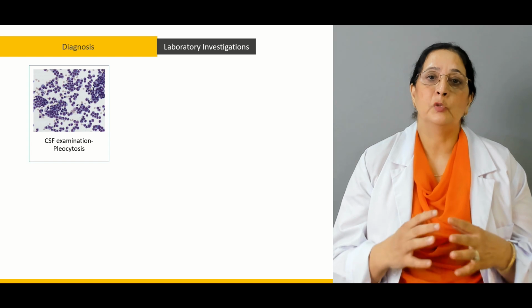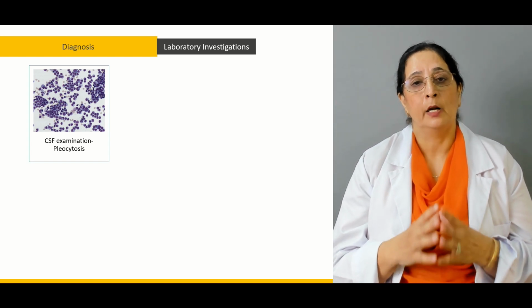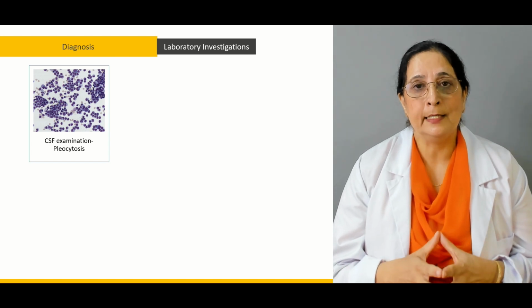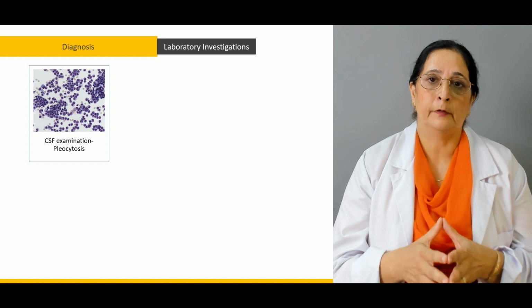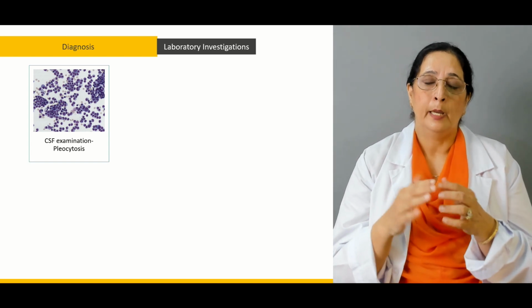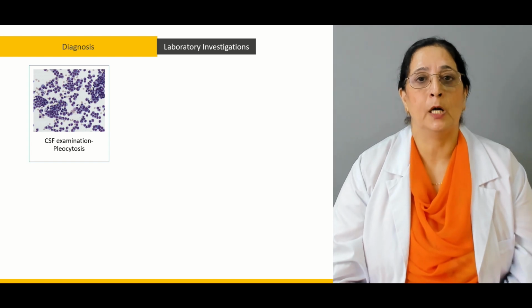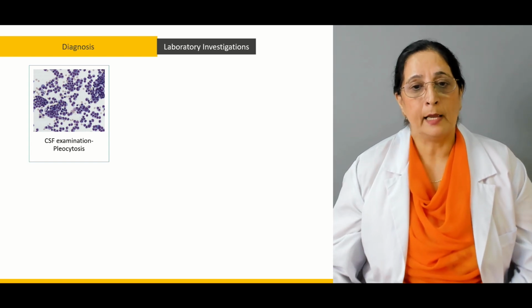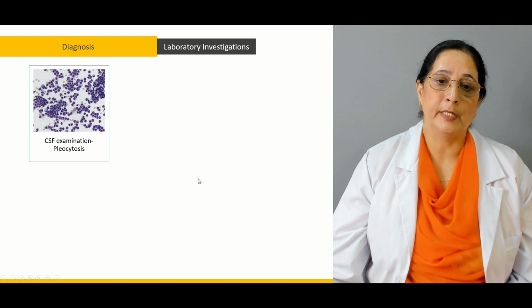It is obtained by lumbar puncture, in which a needle is inserted in the lumbar region between L3 and L4, and the fluid is taken out and examined. It shows pleocytosis, an increase in cells.